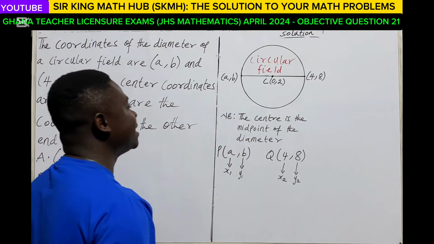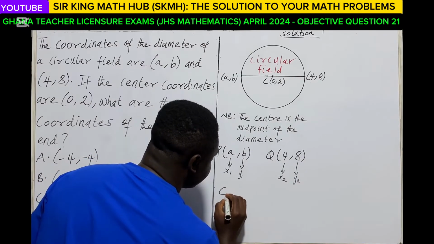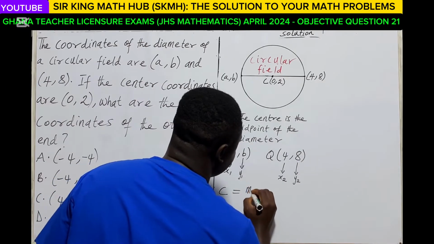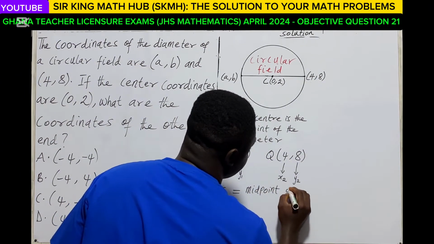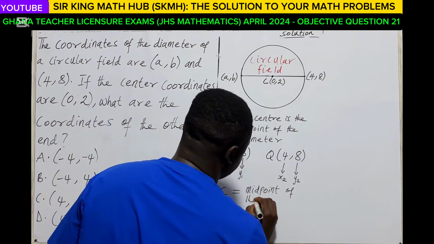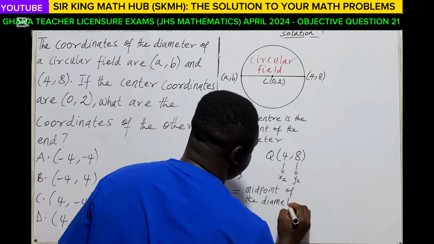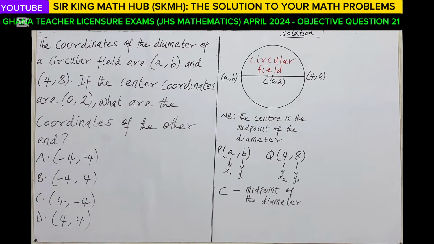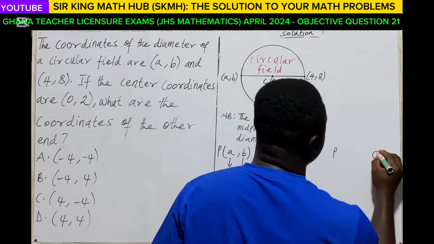Because we know that the center is the midpoint of the diameter, we should be able to create a formula that will guide us to solve for A and B. So now we have a line segment PQ.